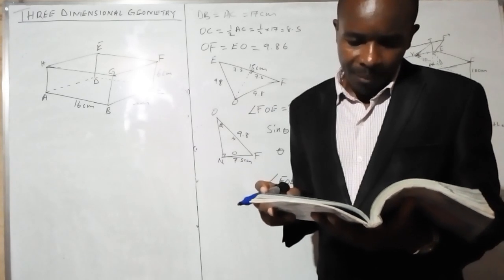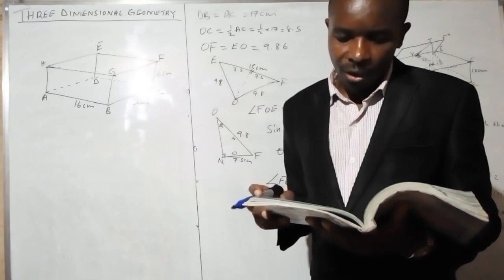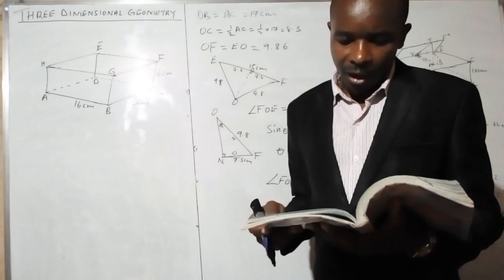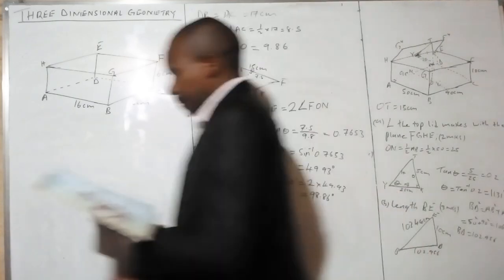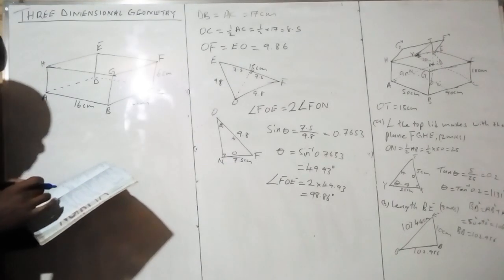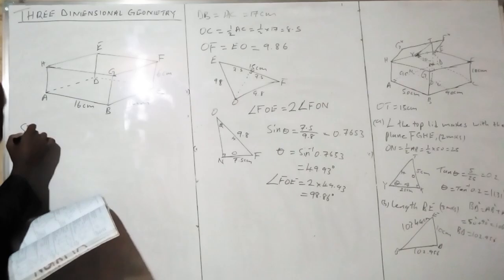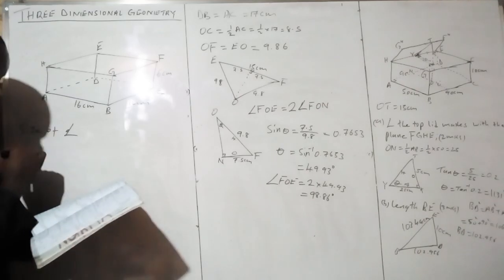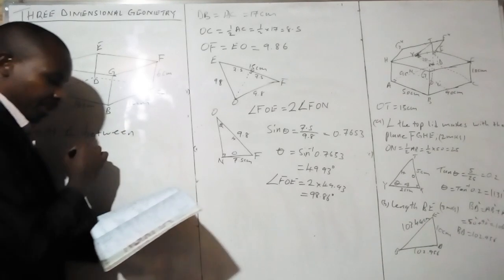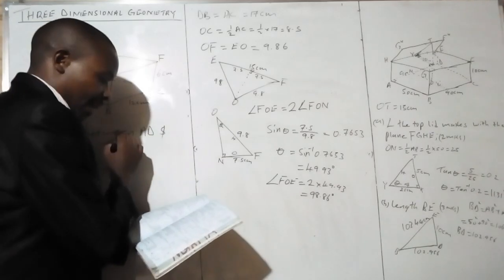B. Calculate, correct to 1 decimal place, the size of the angle between AD and BF.